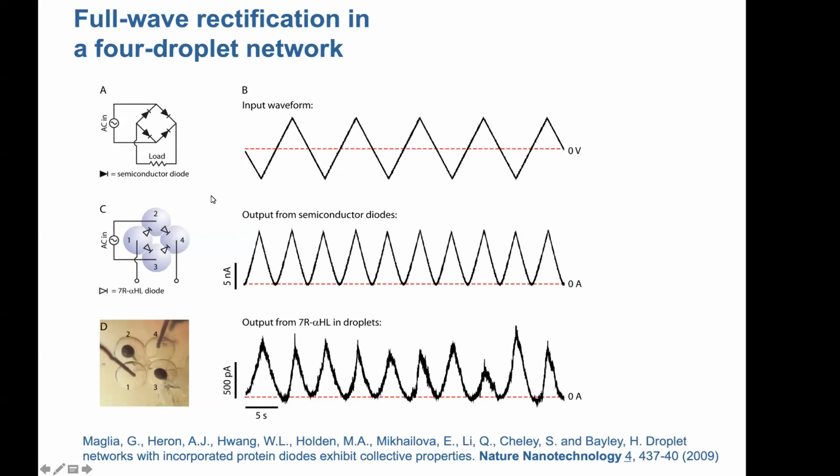You end up with a simple system that will rectify a current. So if you make this system from parts from Radio Shack and apply a sawtooth voltage, it will rectify that in terms of the output current. And if you make it from droplets, it will do the same thing.